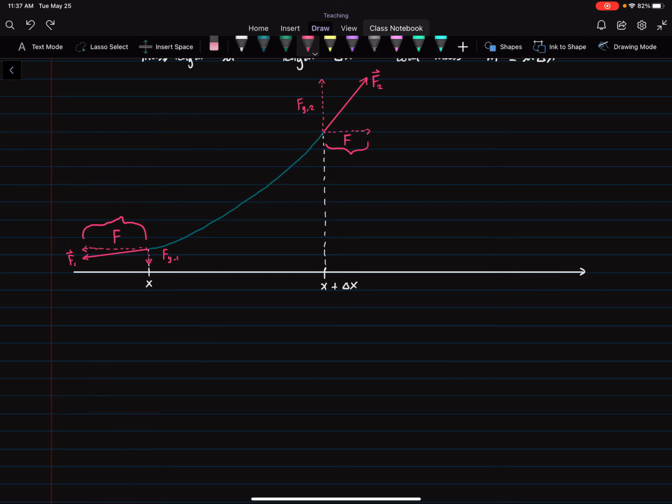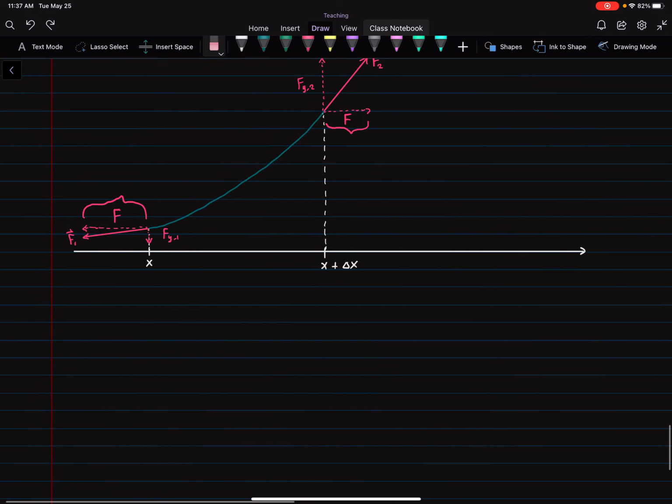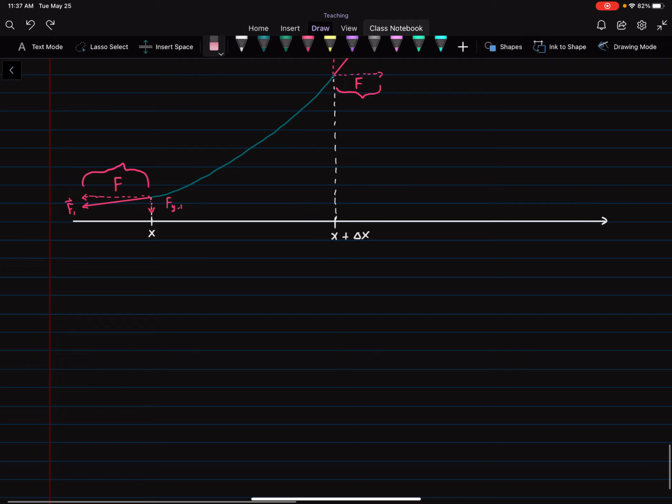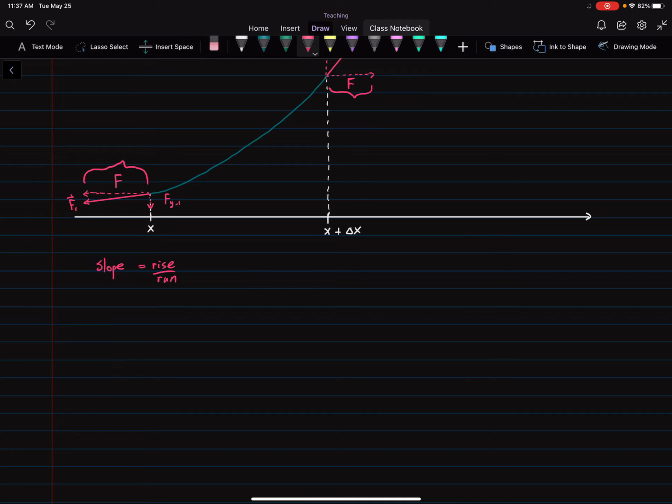They're exactly in line with the slope at the ends of the string, right? And so if slope is rise over run, then we have a similar thing with the components of the forces.